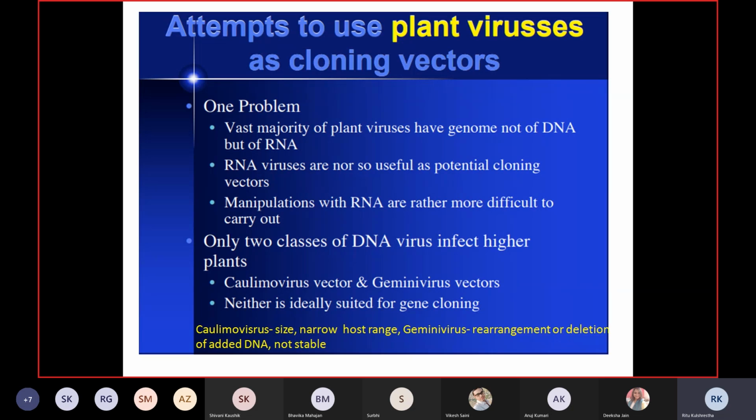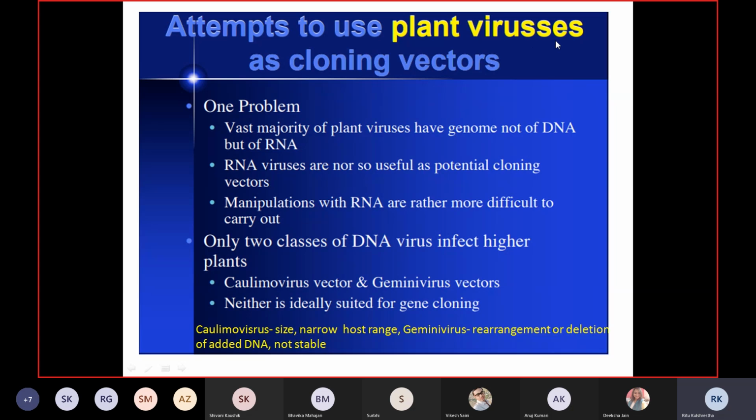Because of the disadvantages, in some plants there are success stories with both of these viruses, but for other plants or other transformations of your gene of interest, people are still trying to improve these vectors to be used as cloning vectors. So let's see which viruses are used.